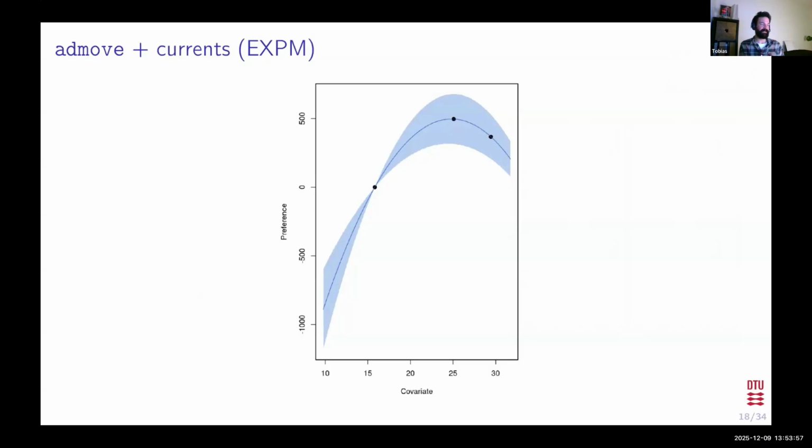So this is, for example, the estimated preference for sea surface temperature with the matrix exponential when including currents, with the new RTMB ADMove package. Quite consistent results, at least for temperature when including currents, and quite similar results also with the Kalman filter.